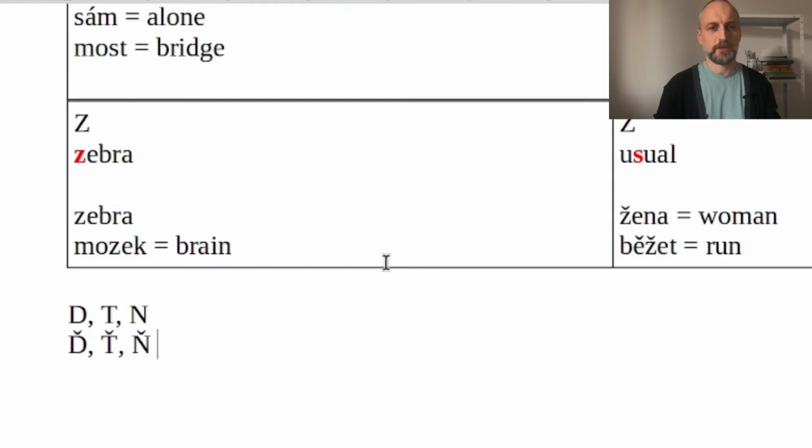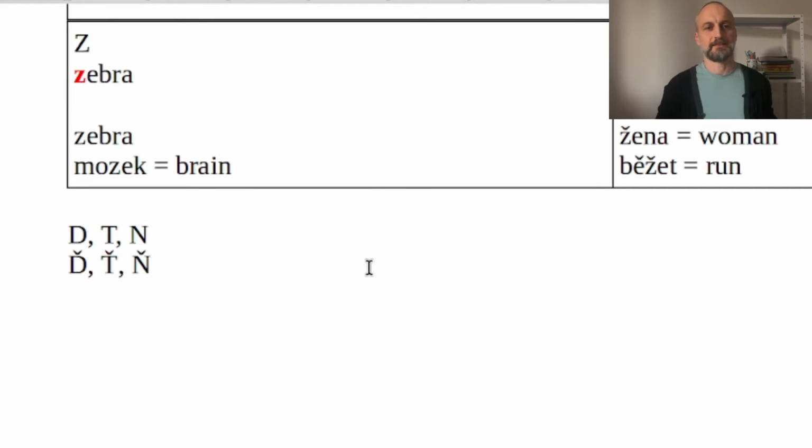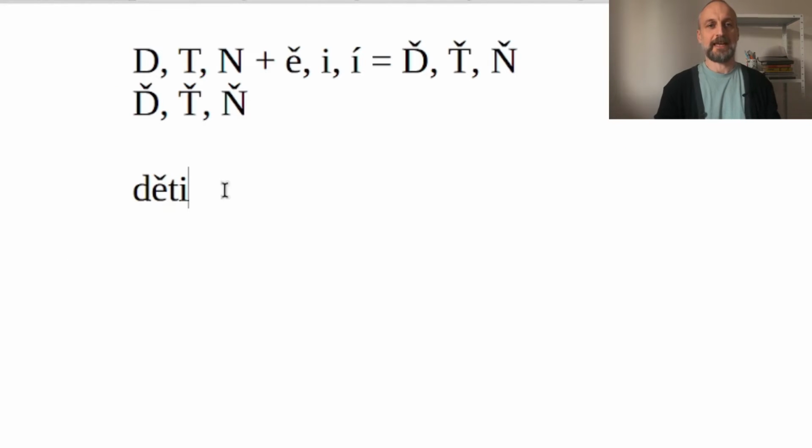And you probably remember that when we use e s háčkem after d, t, n, or měkké i, then we get the soft variants. So they are pronounced ď, ť, ň. So for example, in this word, d is followed by e s háčkem and t is followed by měkké i. They are not pronounced d and t, but ď and ť, so it's děti, which means, by the way, children.